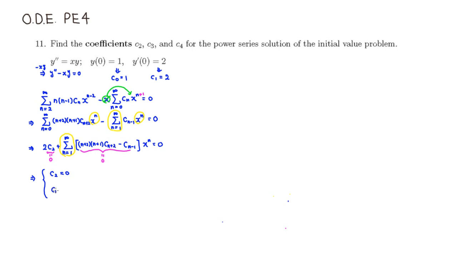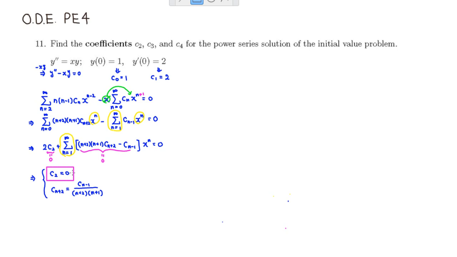So c sub n plus 2 is equal to c sub n minus 1 over n plus 2 times n plus 1. So we got the C2 value right here, and I'm going to box it out.